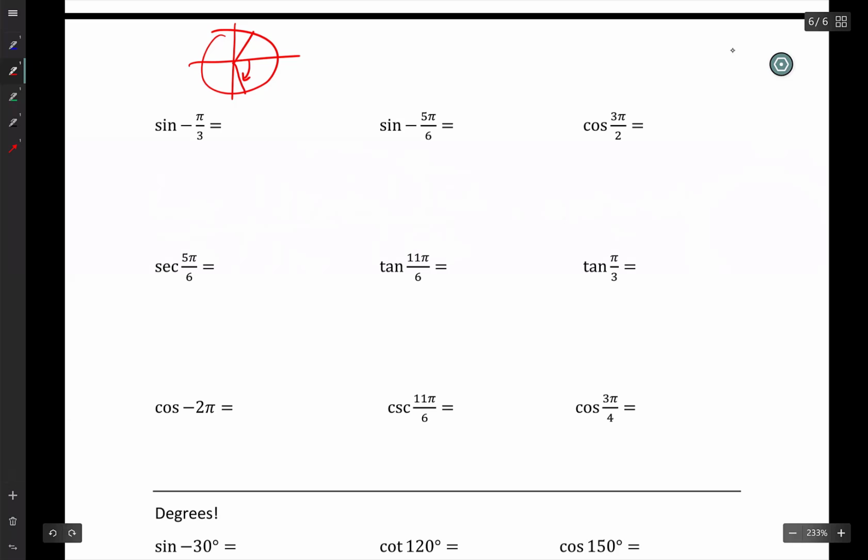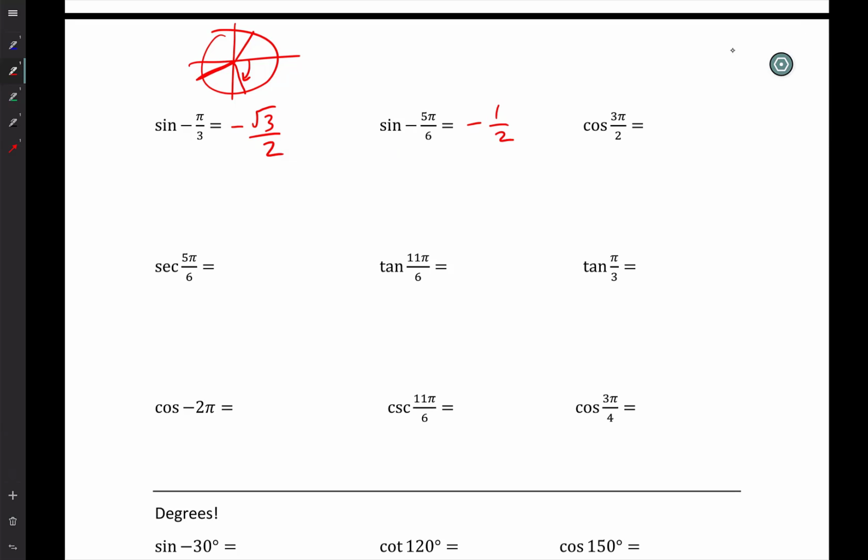That's like negative 60. So at negative 60 degrees, the y value is going to be negative square root of 3 over 2. Do you see how we did it, guys? Yes. Sine of negative 5 pi over 6. Well, 5 pi over 6 would have been right there. And that's going to be a negative 1/2.